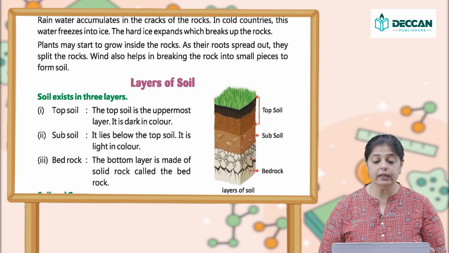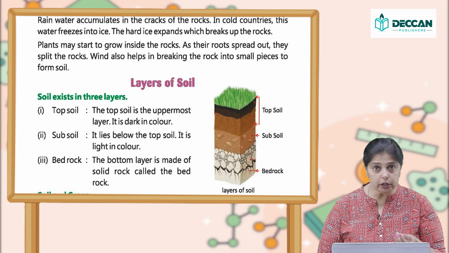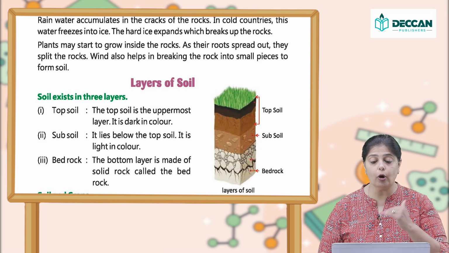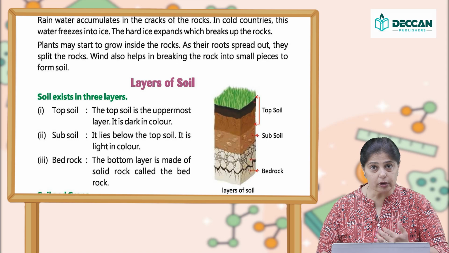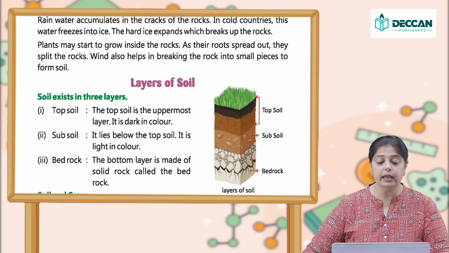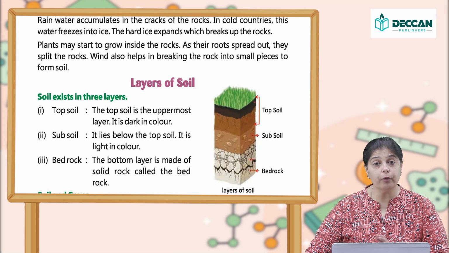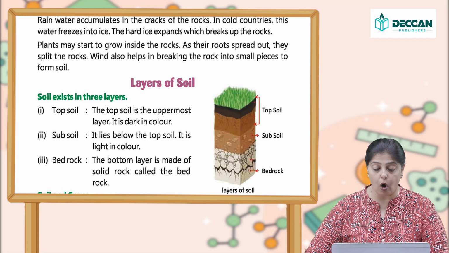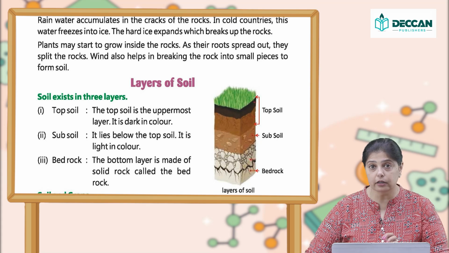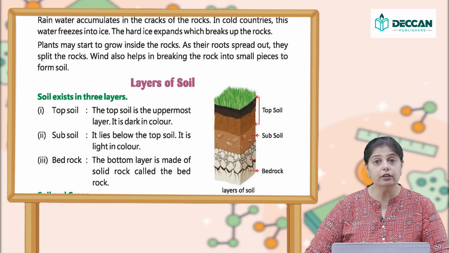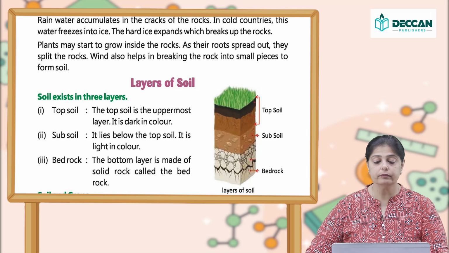Subsoil is just below the topsoil and it is light in color. The topsoil is darker, the subsoil is lighter in color. And then you have the bedrock, which is the bottom layer and it is made up of solid rock, which is known as the bedrock. So these are the different layers of soil.